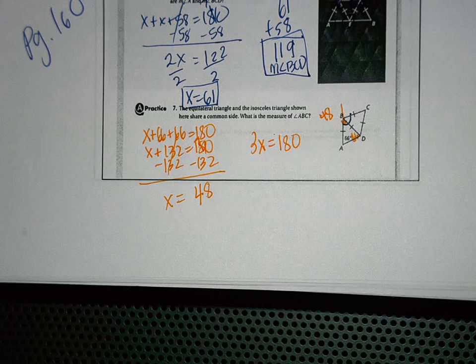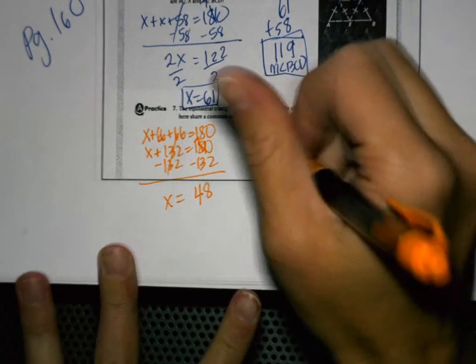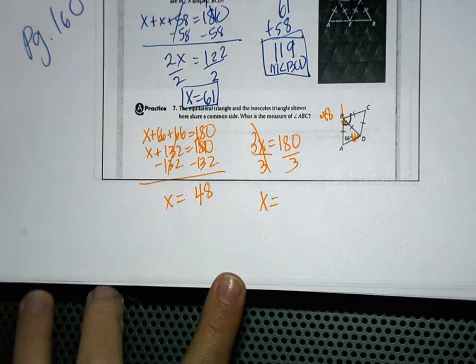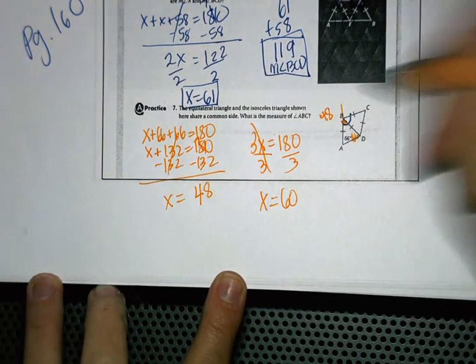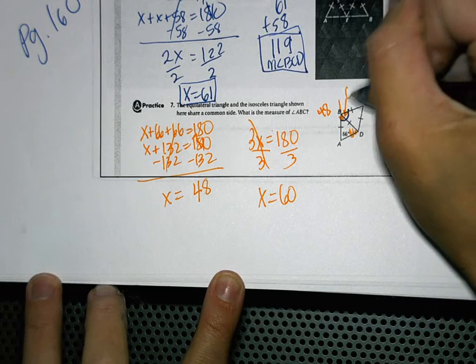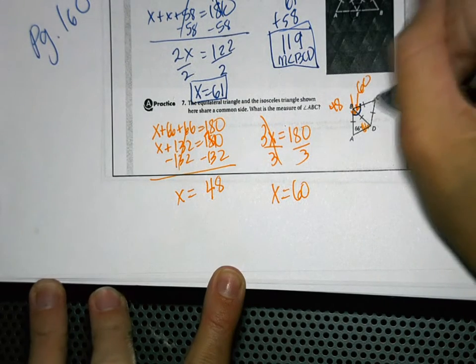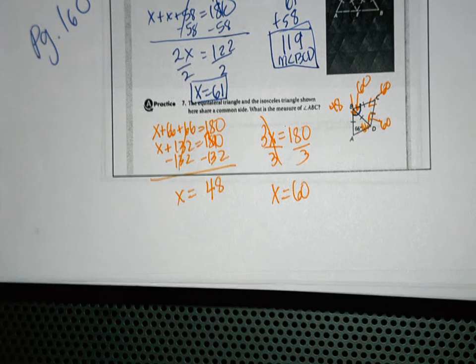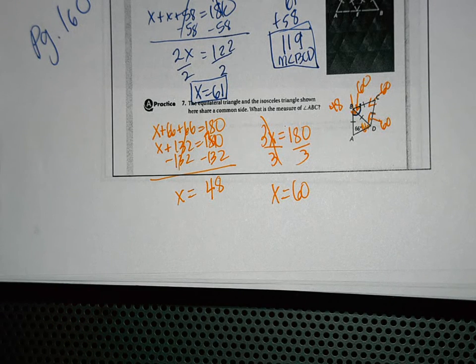And then what would I do in order to get x by itself? Good. Divide by 3 on both sides. And so we get x equals 60. So that means this part over here is 60. And each of these would be 60 here. Does that make sense? How you kind of have to look at them as different triangles?